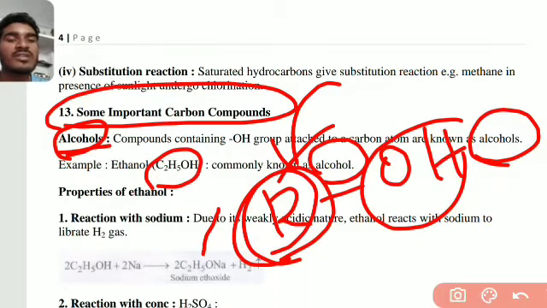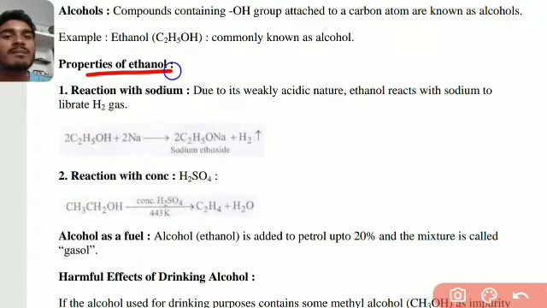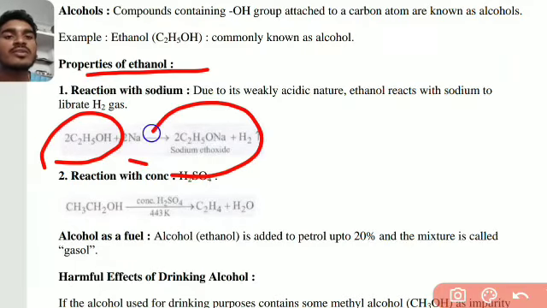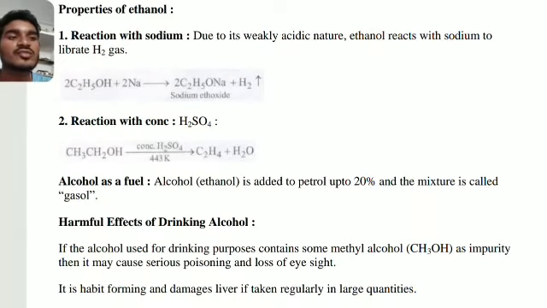Next, properties of ethanol or alcohol. Now we will see the properties of ethanol, the reaction with sodium. Ethanol reacts with sodium, and we get sodium ethoxide. Ethanol reacts with sodium and produces sodium ethoxide and H2 gas.